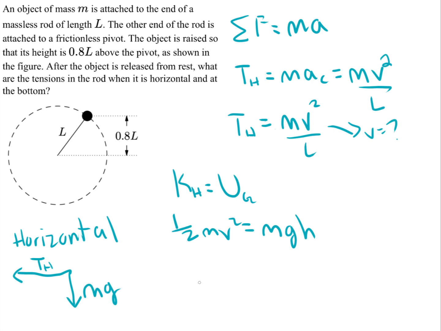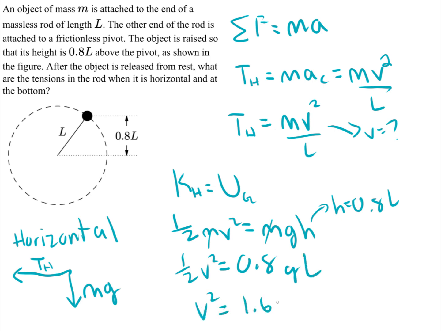But we're only assuming that energy is conserved and nothing is lost to heat. So the masses cancel, and the height is equal to 0.8 L, since it was dropped at a height 0.8 L above the pivot. So this becomes 1/2 v squared is equal to 0.8 gL. So v squared is equal to 1.6 gL. And note that we actually don't need to square root this, because our equation has v squared in it. So v squared is equal to 1.6 gL.